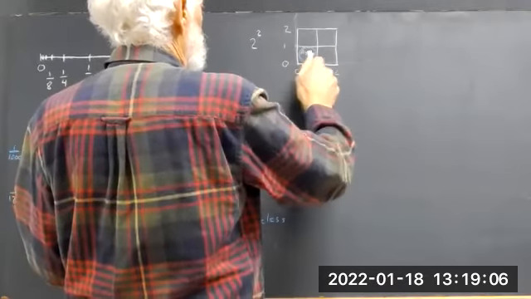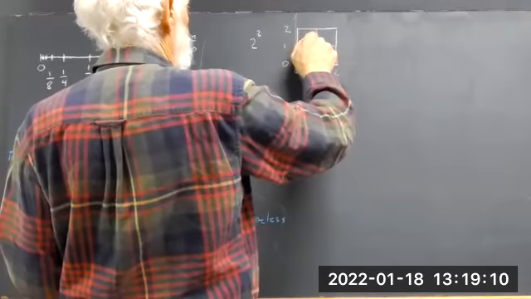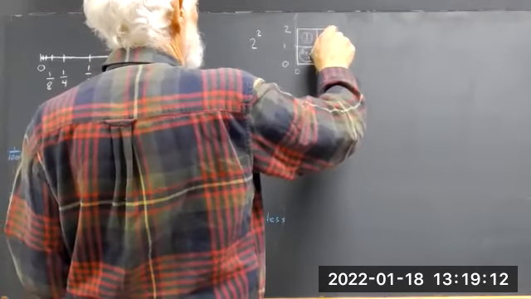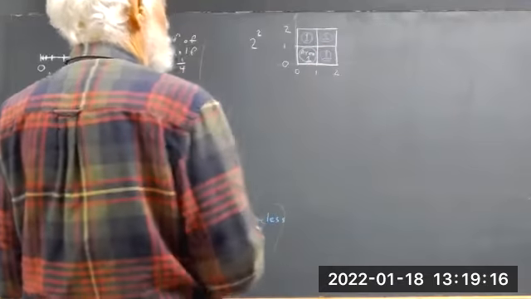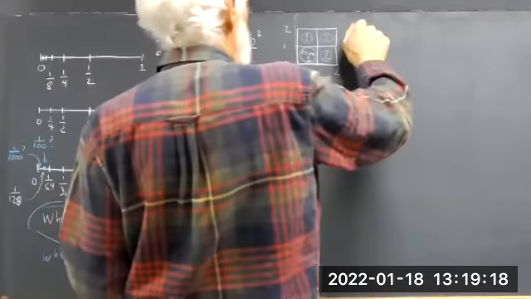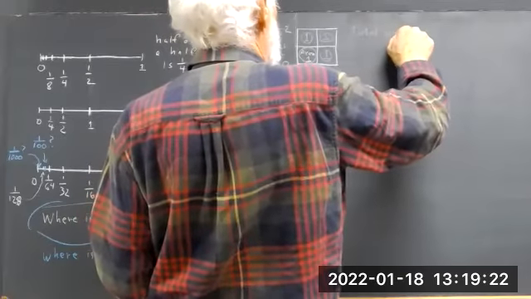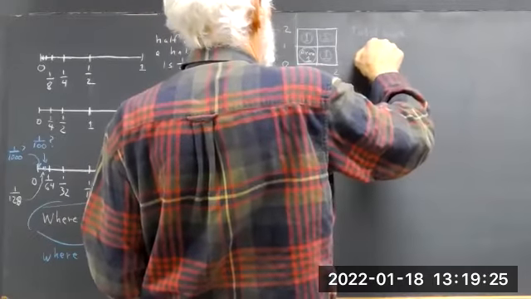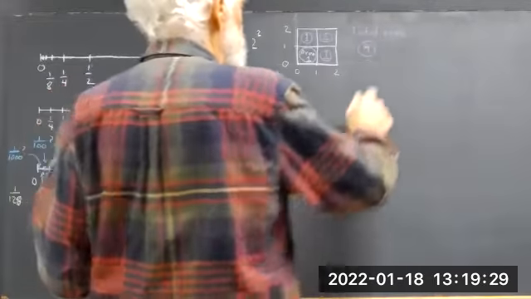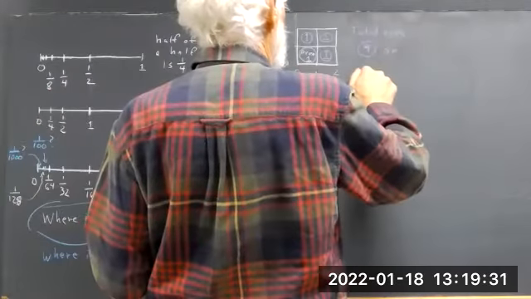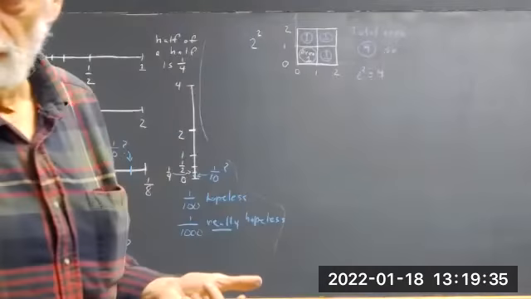Might be hard to read that word area, but we're just indicating the area is 1. Area is 1, area is 1, area is 1, and well, there is 4. So 2 squared is 4.